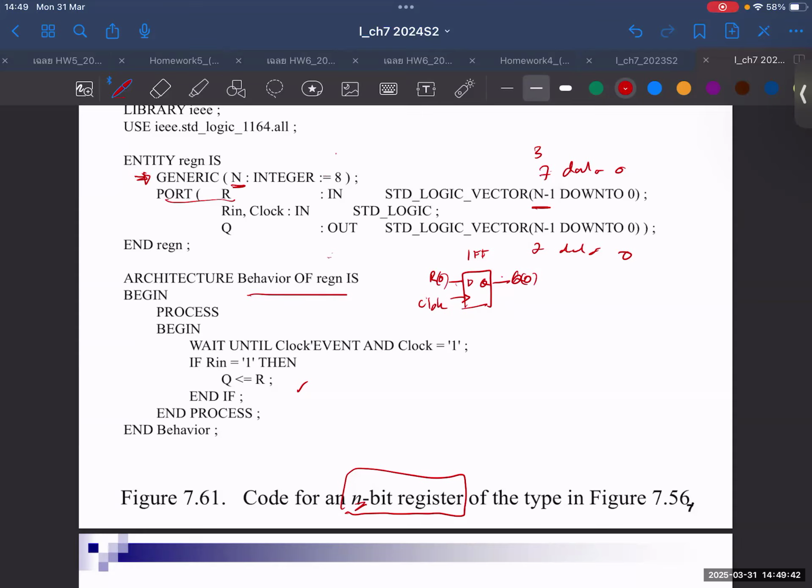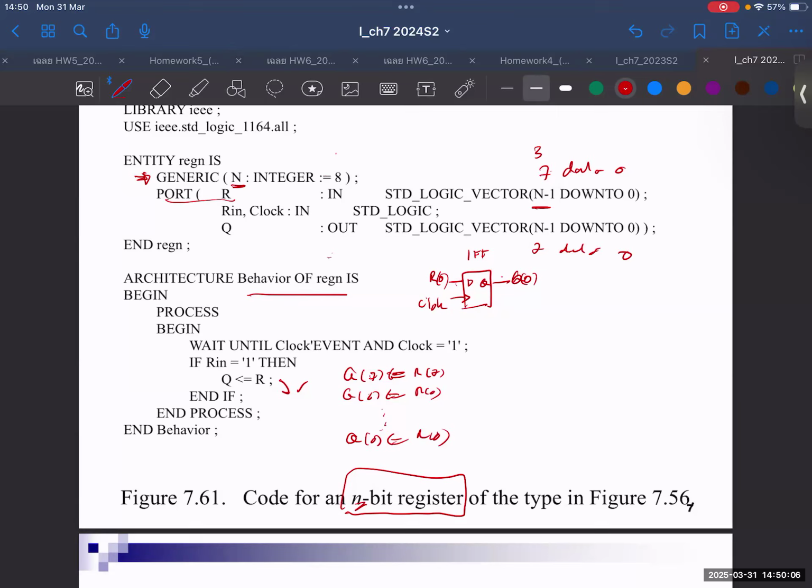Basically, you would have to write this 8 times: Q7 gets R7, Q6 gets R6, and go on to Q0 gets R0. Right? This is how you write it.